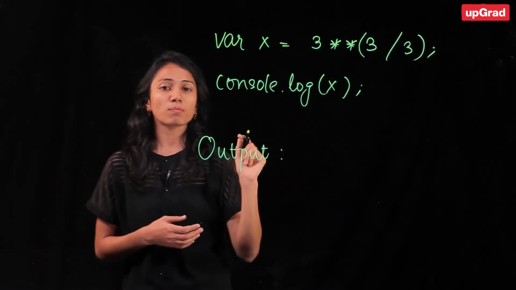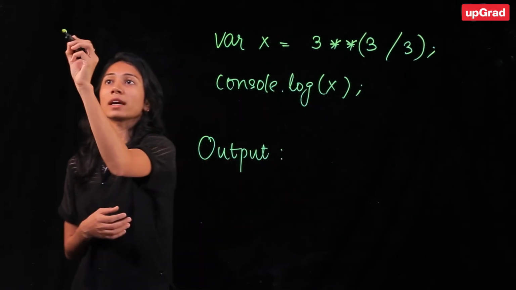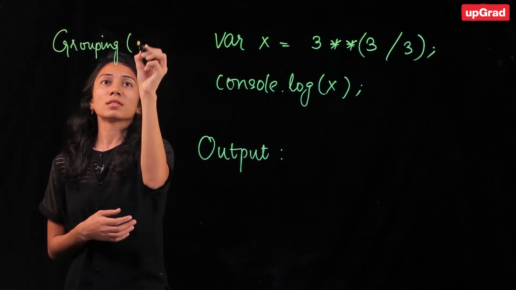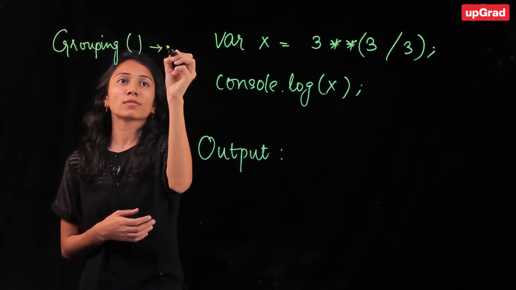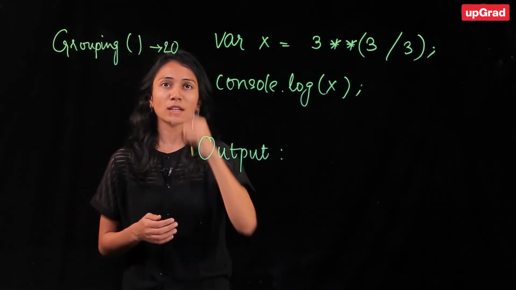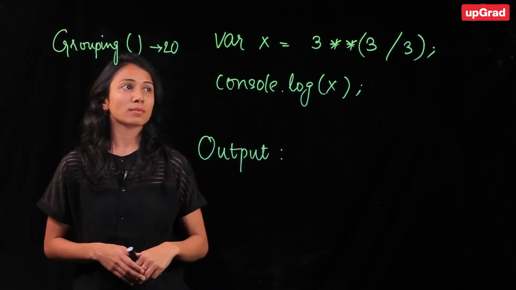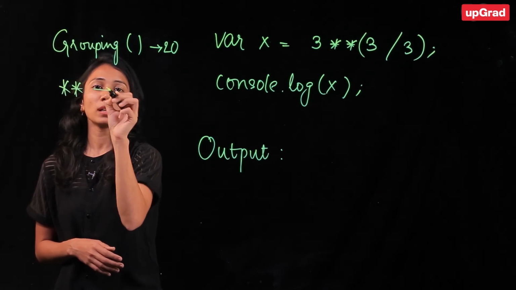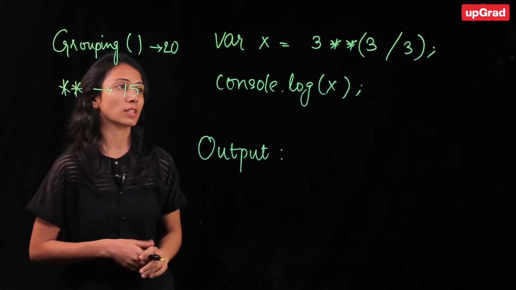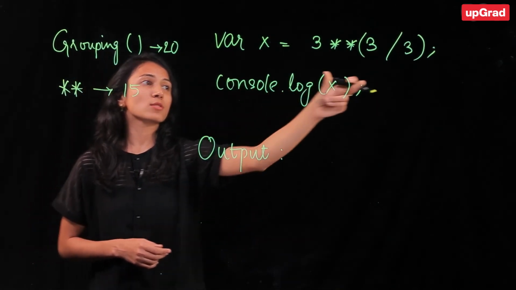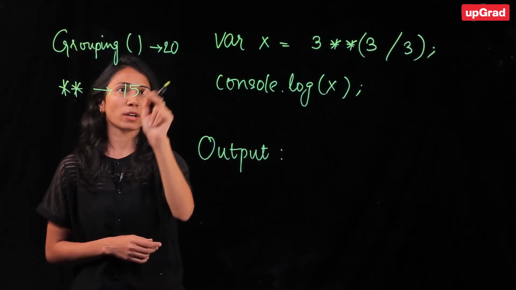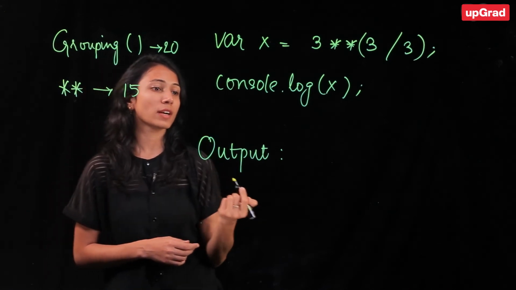If you see the precedence of the grouping operator, it has a precedence of 20 in the chart. And the exponentiation operator, as you know from the last example, has a precedence of 15. So obviously the grouping operator has higher precedence than the exponentiation operator, because 20 is greater than 15.